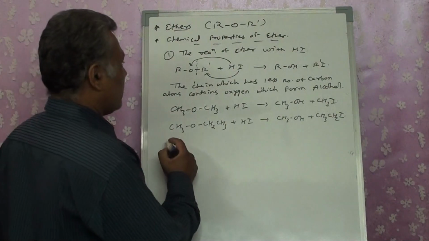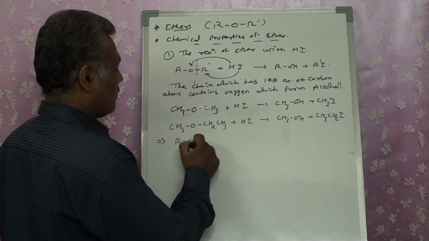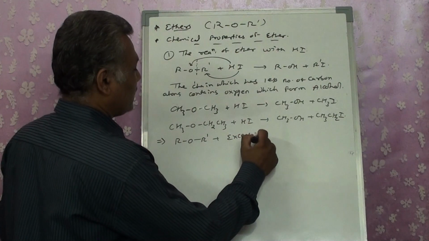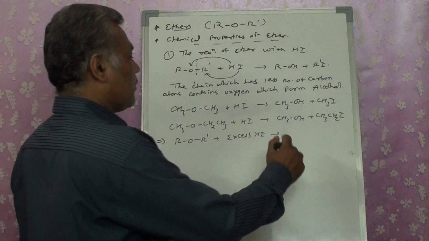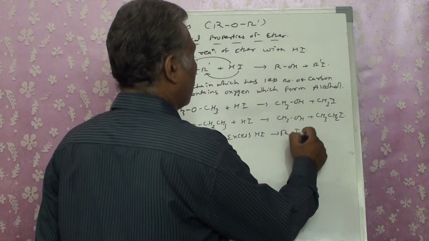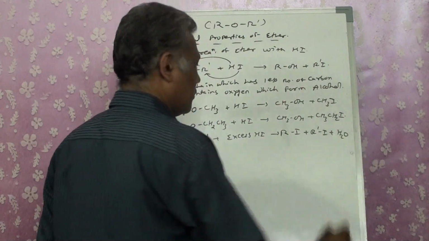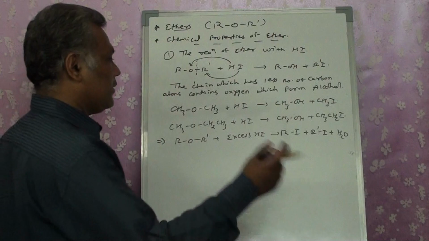But if this reaction is carried out with excess HI, then what will happen? We will have RI, R'I plus H2O. In both cases, we are going to get halides.